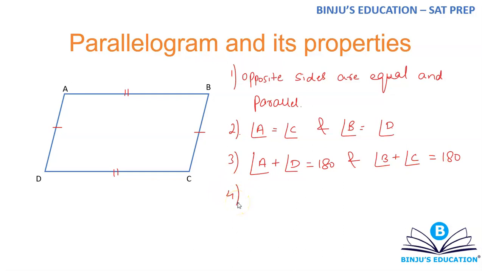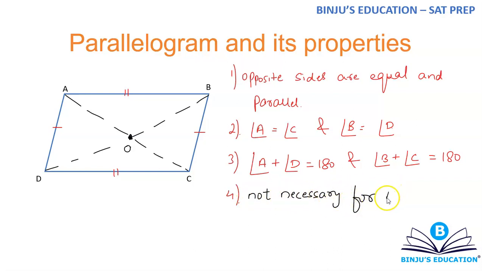Fourth, diagonals of a parallelogram may or may not be equal. That is, if I connect BD and if I connect AC, it is not necessary for AC to be equal to BD.